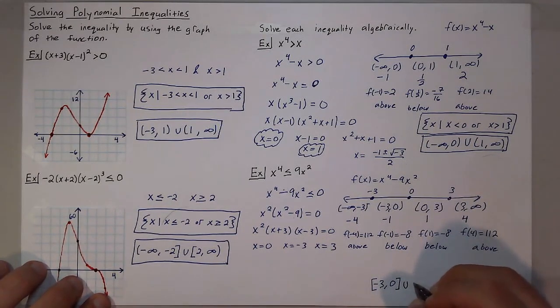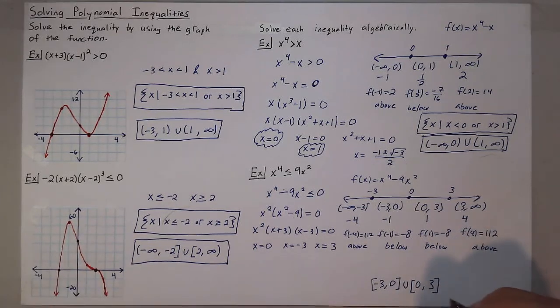And it's on the interval from 0 to 3, so including 0 and including 3 since it's also 0 at 3. So seeing this, I know it's including 0, so I don't actually need to write two different intervals. I can actually just write the interval from -3 to 3 as my answer.